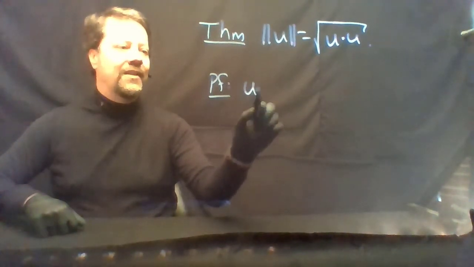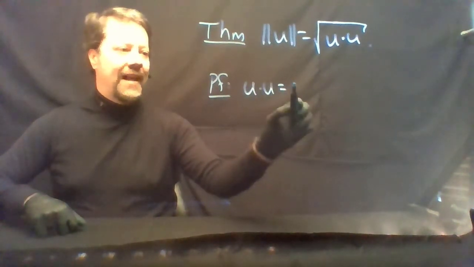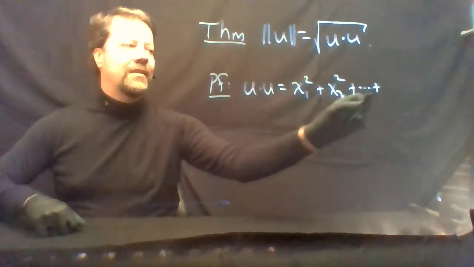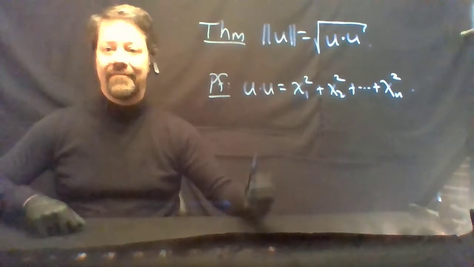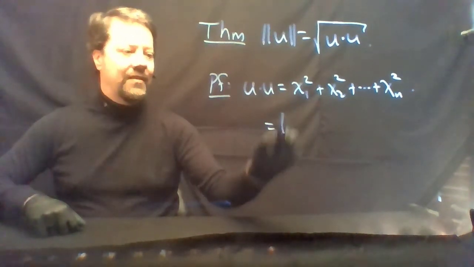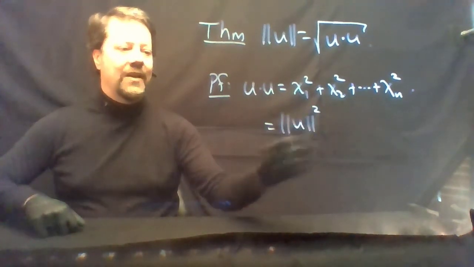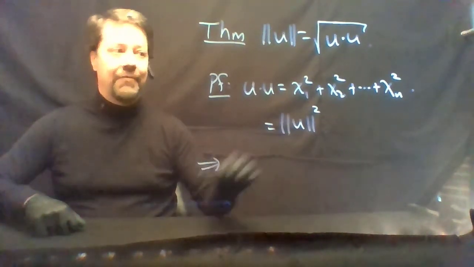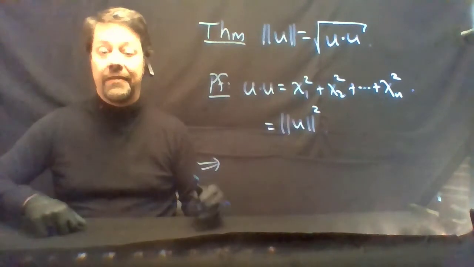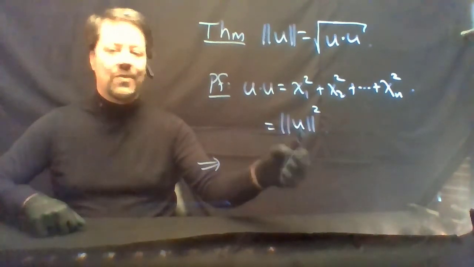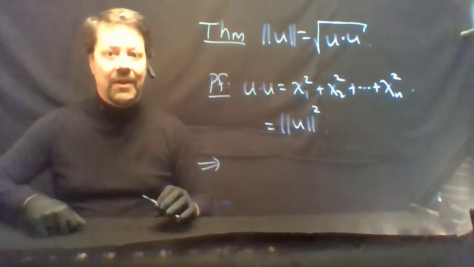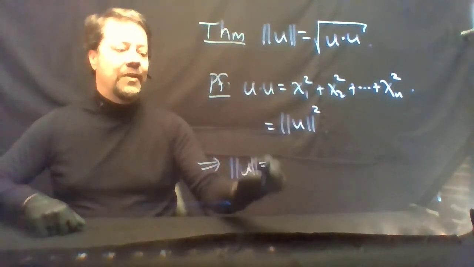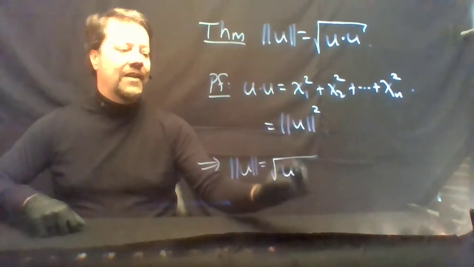If we take u dot u, that is x1 squared plus x2 squared to xn squared, which is the norm squared. The norm can't be negative because we use the principal square root in defining it. So when we take the square root, we don't need a plus or minus. It will always be the plus. That says the norm of u is, in fact, the square root of u dot u.